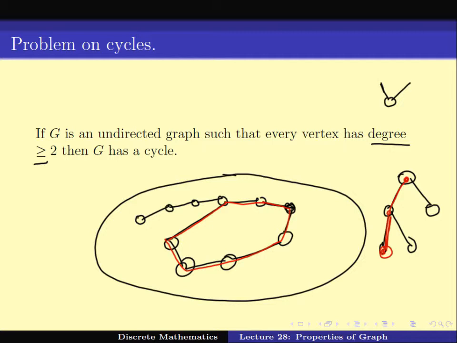So it is very important that whatever edge we enter from, we don't go out from the same edge. By doing so, we can ensure that if I end up revisiting a vertex a second time, we actually get a cycle.